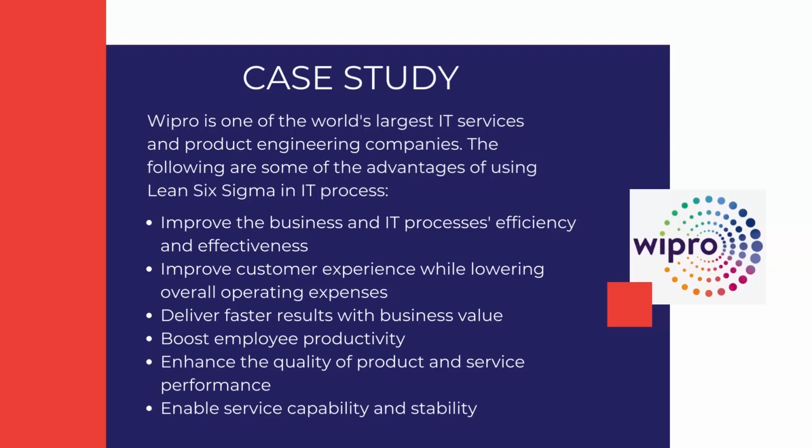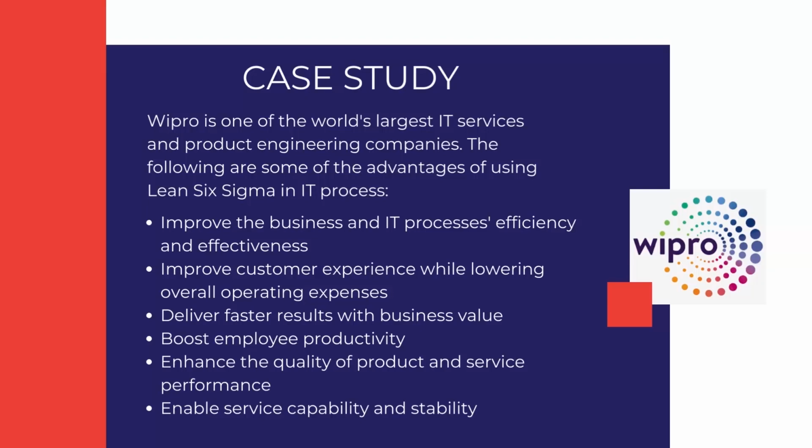The following are some of the advantages of using Lean Six Sigma in your IT process. First, improve the business and IT processes' efficiency and effectiveness. Next, improve customer experience while lowering overall operating expenses. Then, deliver faster results with business value. Next, boost employee productivity. Then, enhance the quality of product and service performance.